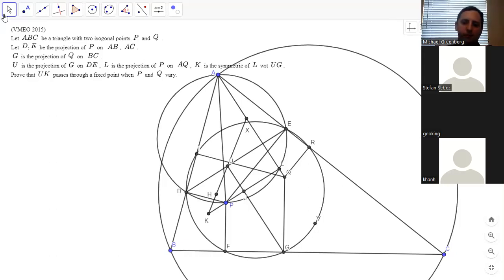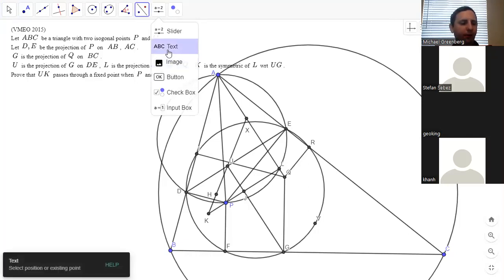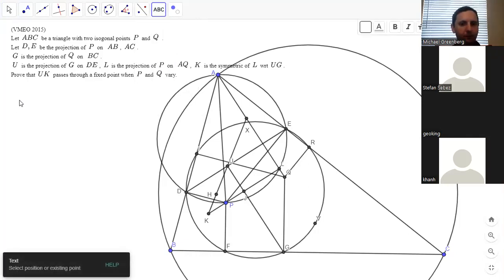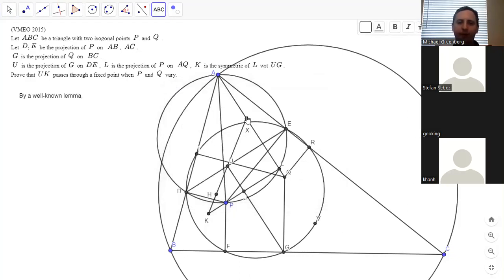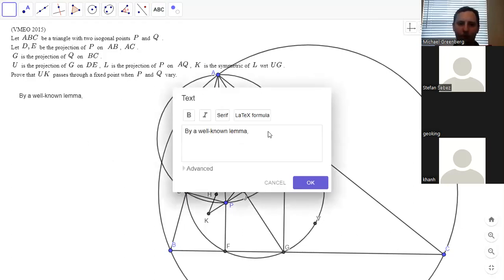Okay. So the lemma, first I'm going to write out that well-known lemma that you said. The lemma says that X and K both lie on the radical axis of the circles with diameter BE and CB, right? Yeah.